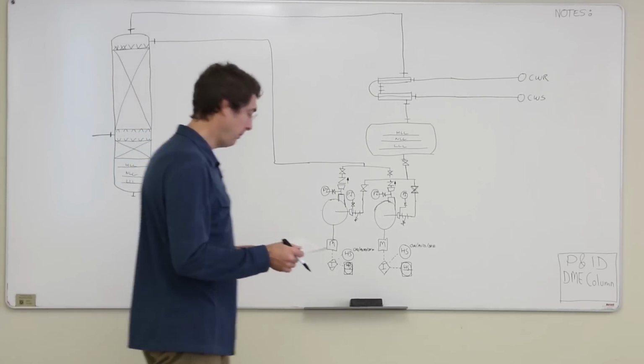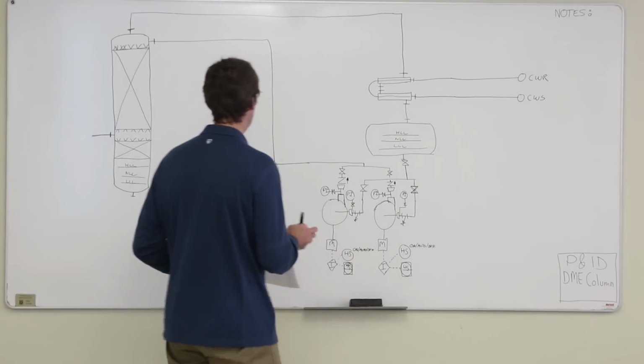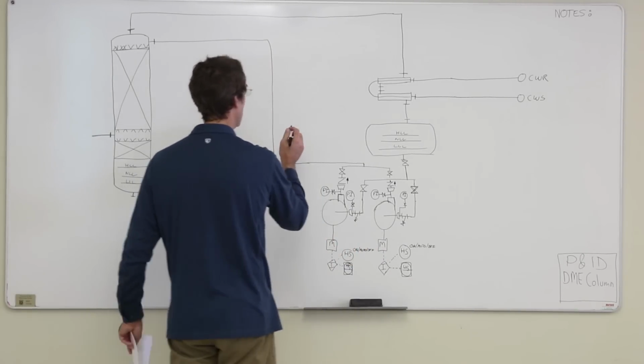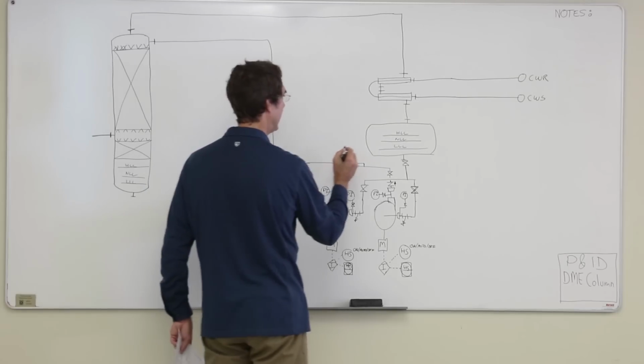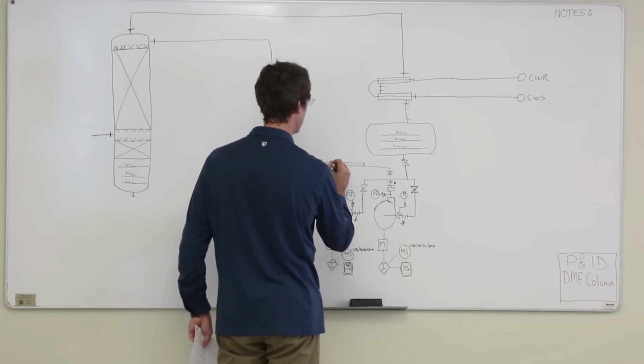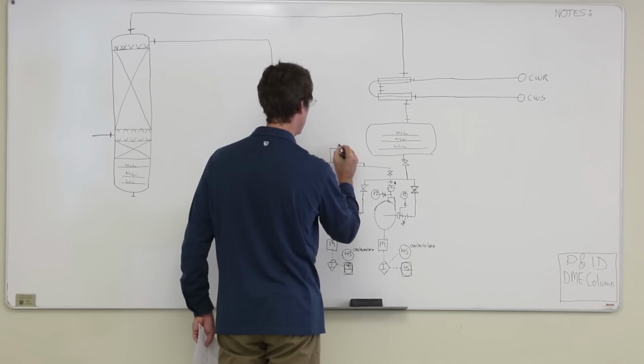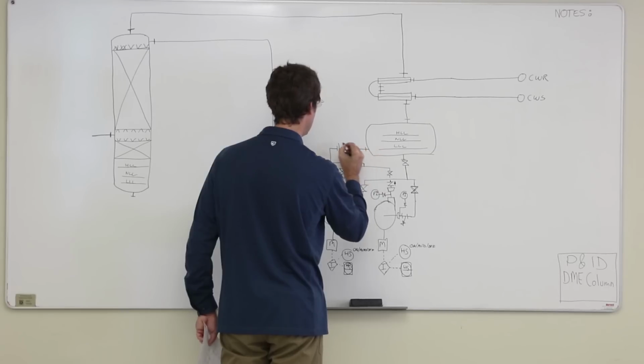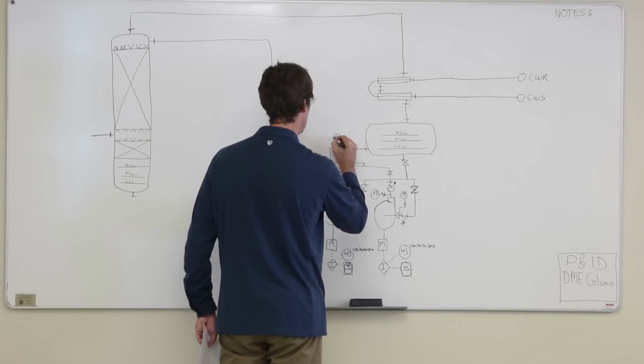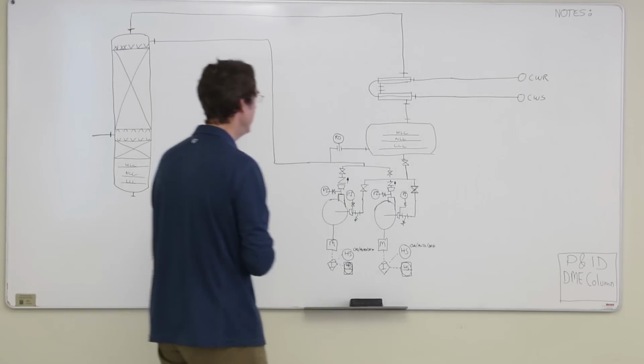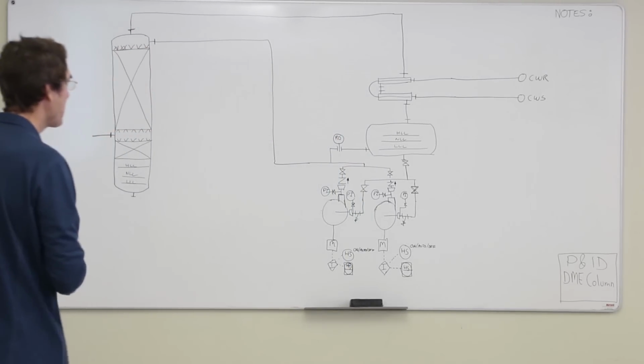Okay, one thing is that we're going to end up having a control valve in this line. And if that's the case, then we need a minimum flow bypass. So we're going to put a restriction orifice and come back into the tower, or into the reflux pump. There's my minimum flow bypass.